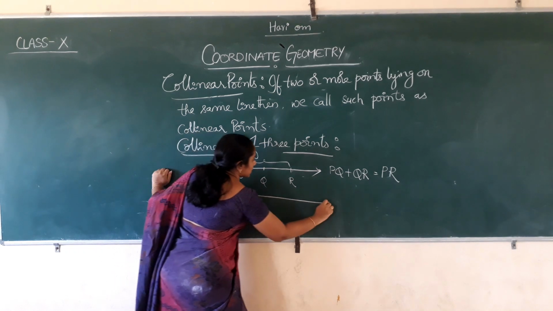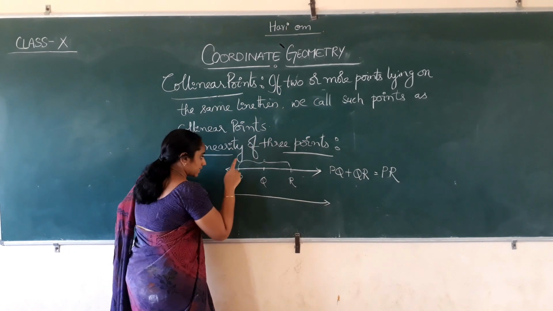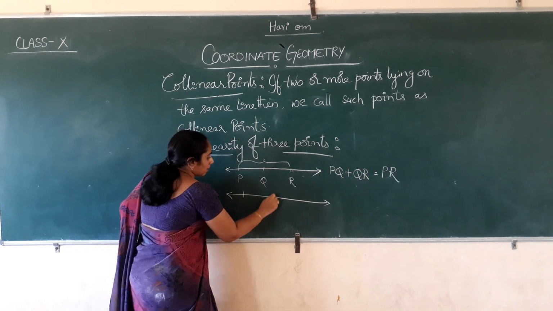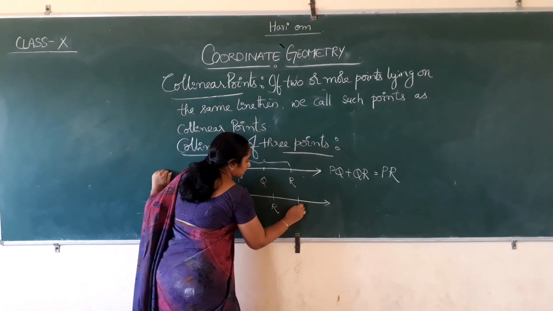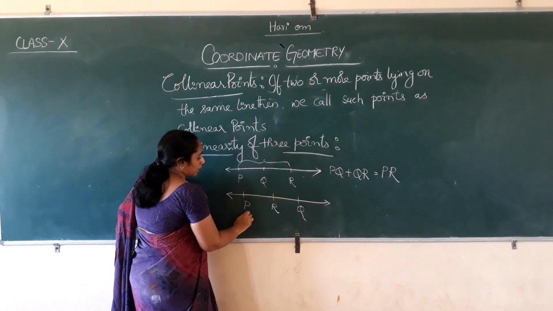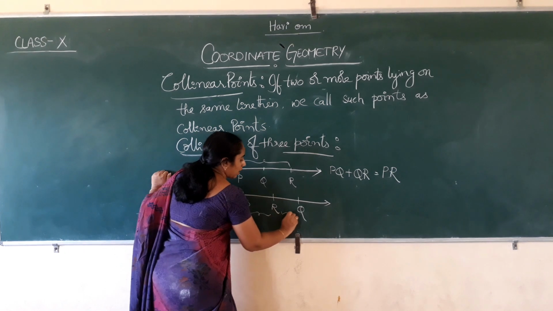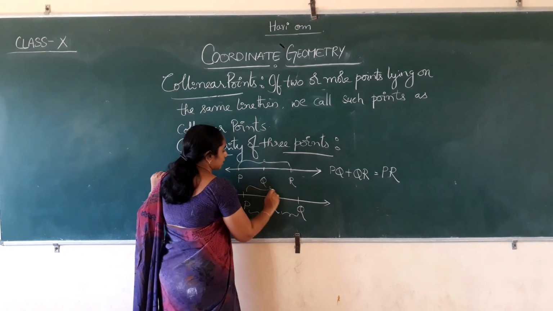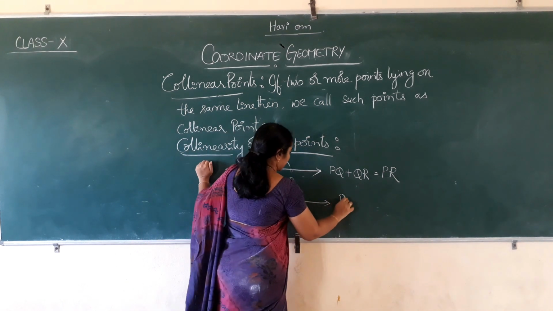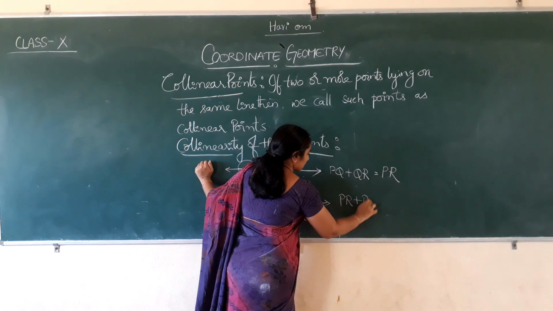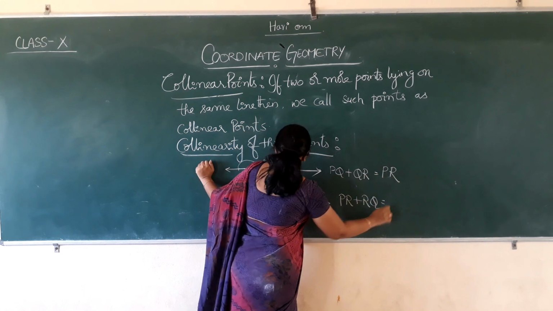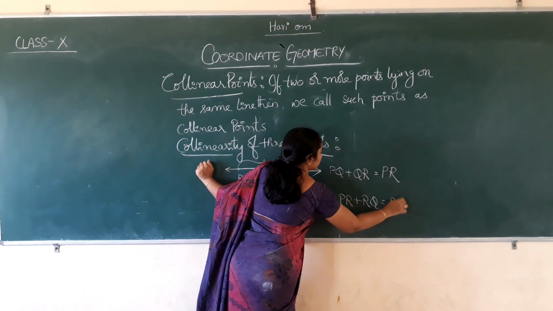And the next one: if R is the midpoint, then PR plus RQ is equal to PQ.